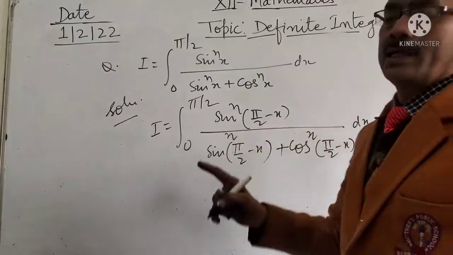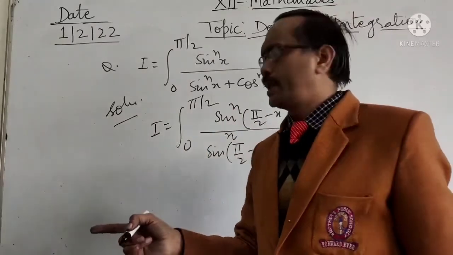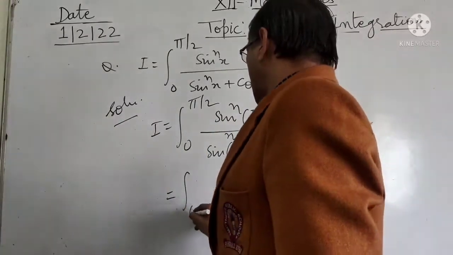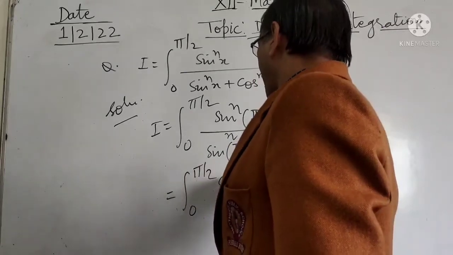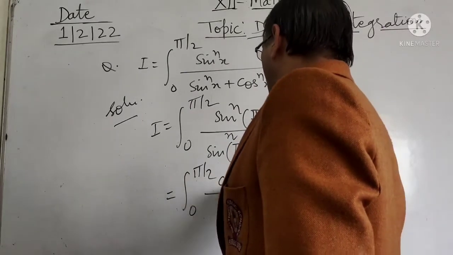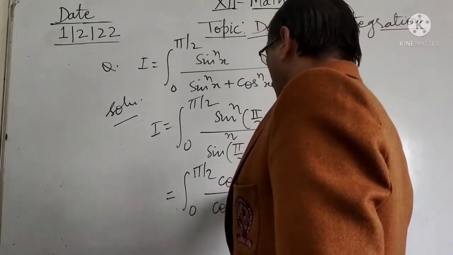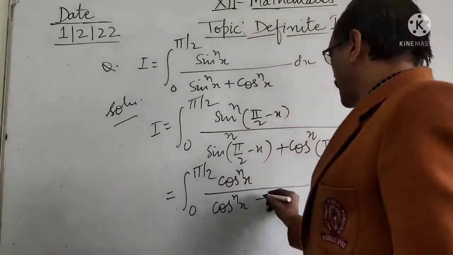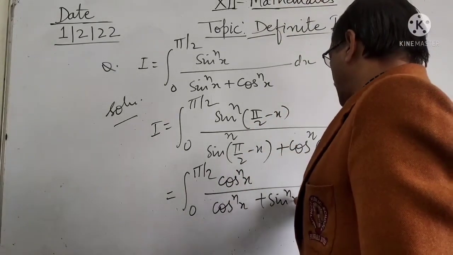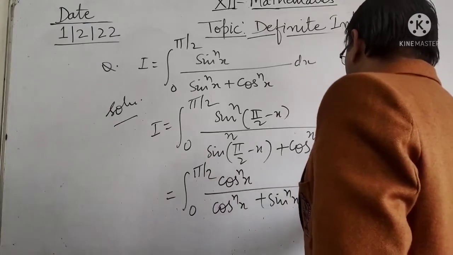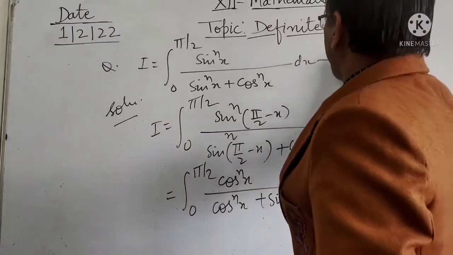Then sin 90 minus theta is cos theta, so it is 0 to pi by 2 cos power n x upon cos power n x plus sin power n x dx. Let this be equation 2 and this equation 1.